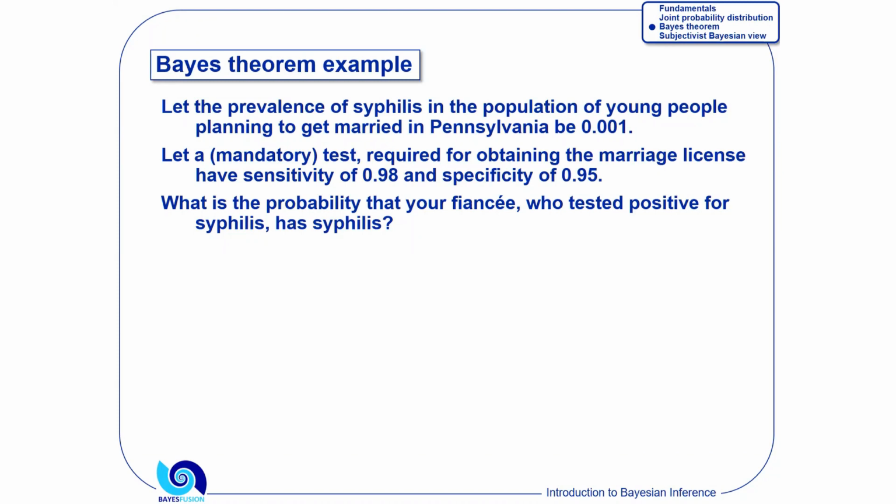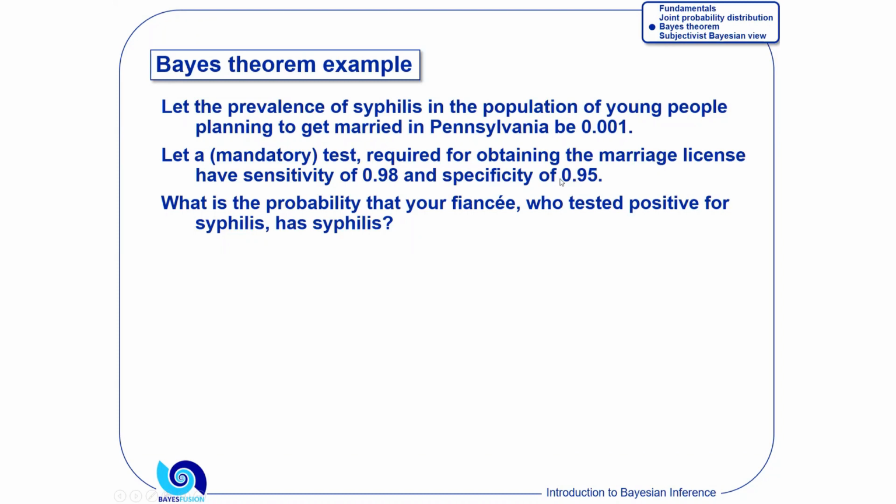So let's assume that the probability of a young person wanting to get married having the disease is very low, 1 in 1,000. And these are the parameters of the medical test. They are very good, very, very good actually. Sensitivity is the ability of the test to detect syphilis, 98%, close to being perfect.